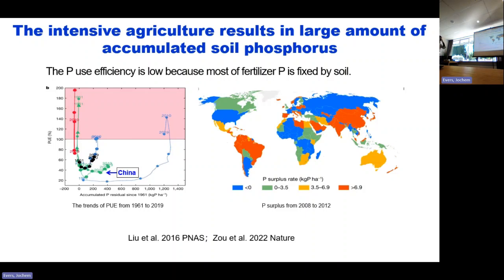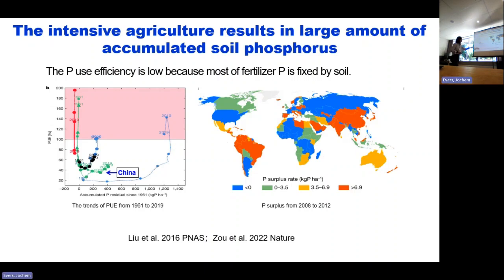For phosphorus, I think most of you are familiar. It's an element very important for plant growth, but the phosphorus use efficiency is very low, because even though farmers apply a lot of phosphorus, most of it is fixed by the soil. In China, the use efficiency is around 25 to 30%.